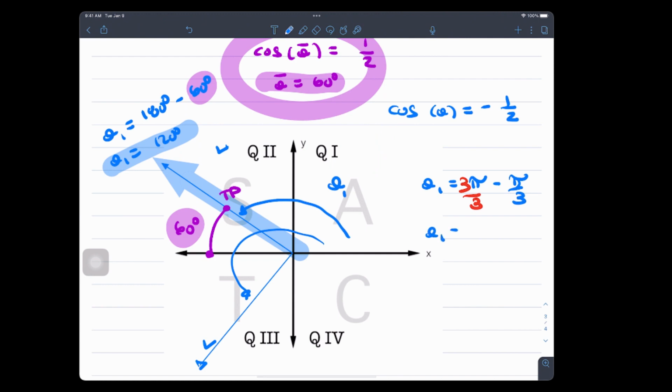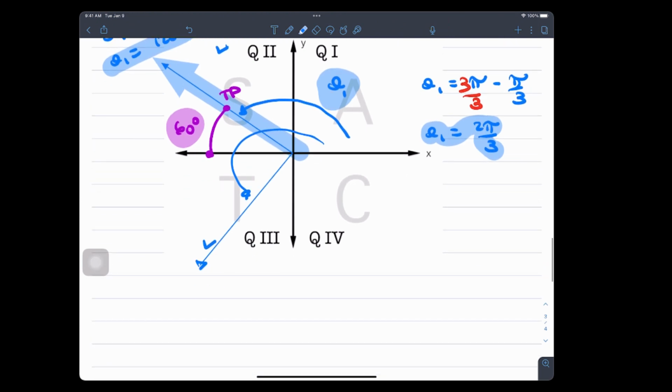And now we get 2 pi over 3. And there it is. That's your first angle. How do we get the quadrant 3 solution?